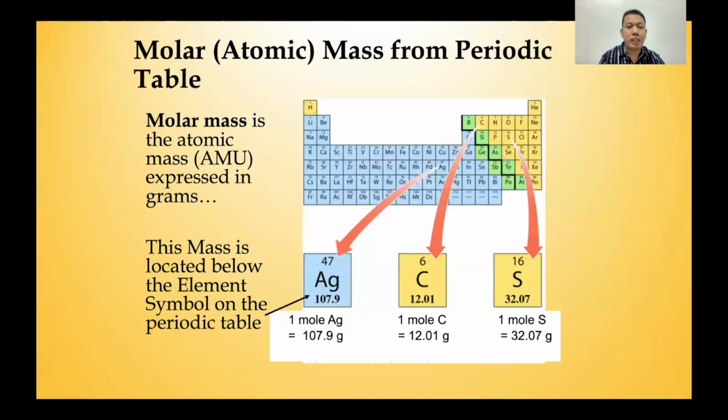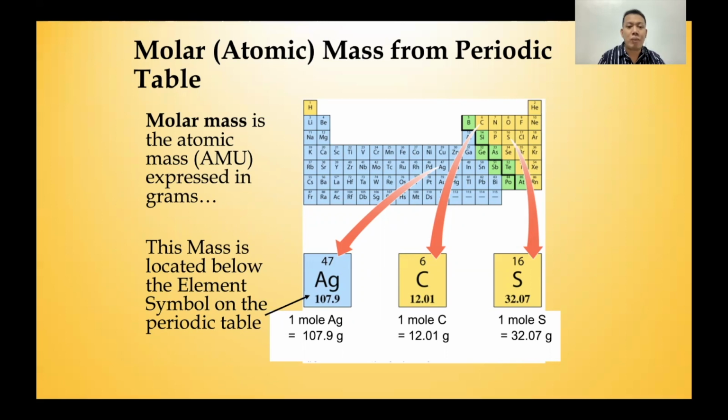These are some examples where you can find the atomic mass of certain elements. The molar mass is the atomic mass unit, or the AMU, expressed in grams. For example, 1 mole of silver is equivalent to 107.9 grams, which is the atomic mass unit of silver. For carbon, 1 mole is equivalent to 12.01 grams.